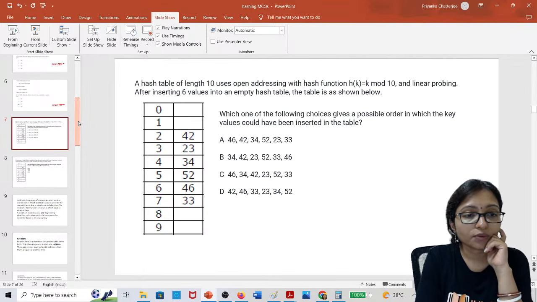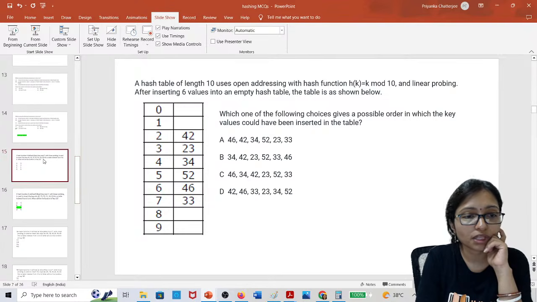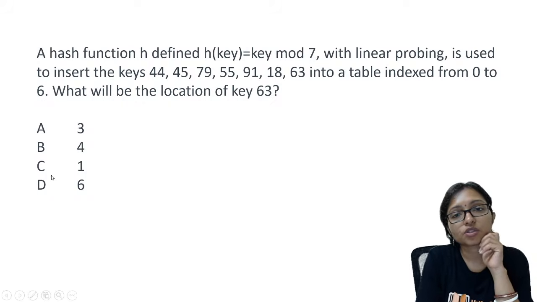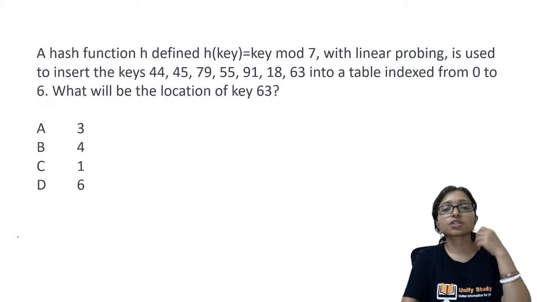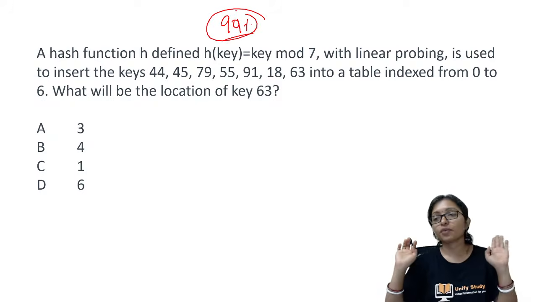If you solve this question on linear probing, then all your concepts will be clear. This is an easy question. First of all do this one, after that we will go for the next topic. Nowadays it is 99% a confirmed topic. Every year they ask questions from hashing.